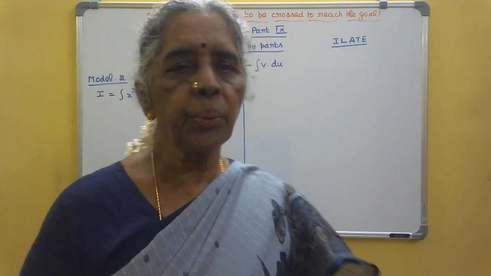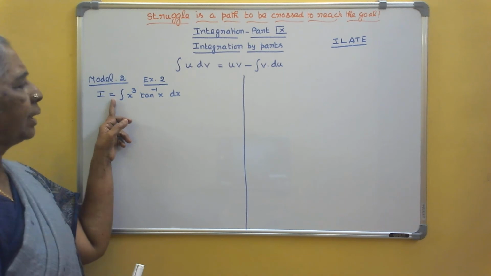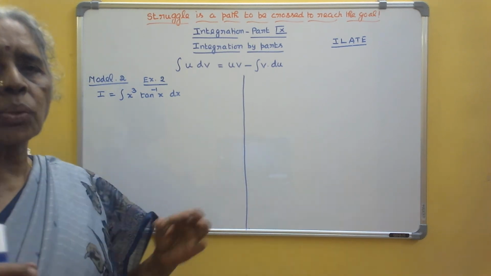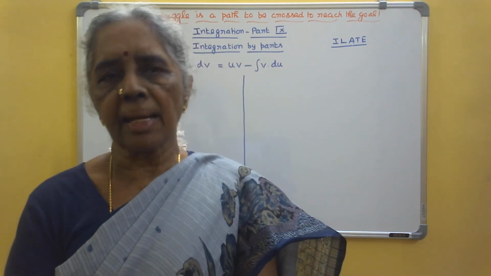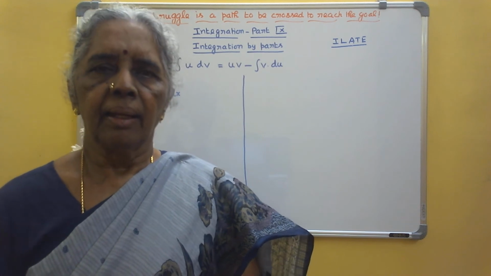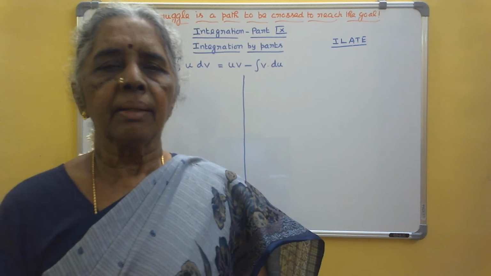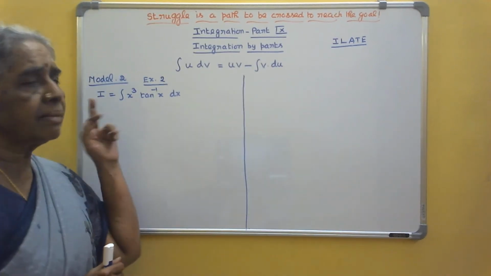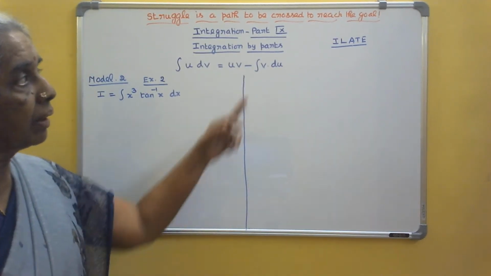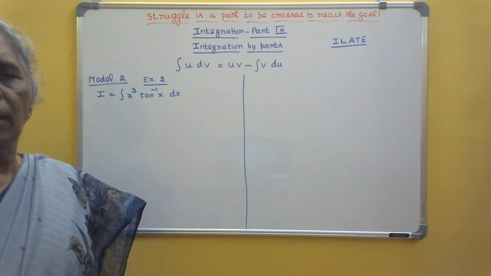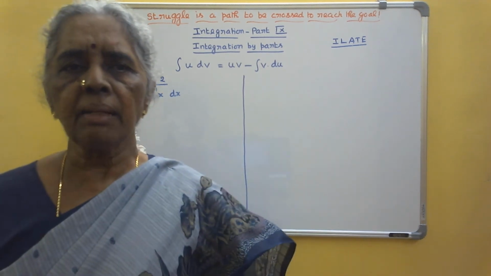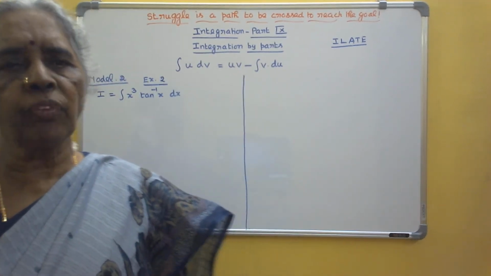See the example 2 now. I is equal to integral x cube tan inverse x dx. Here x cube, that is an algebraic function. Okay, tan inverse x is an inverse trigonometric function. As per the ILATE rule, now we have to take tan inverse x as the u function.